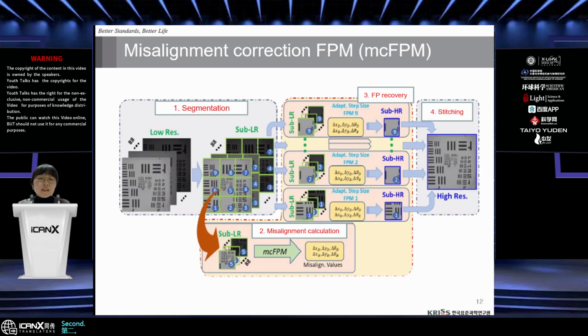Second, there is a process to calculate and correct the misalignment of these sub-images. Next, the corrected sub-images go through FP recovery to reconstruct high-resolution sub-images. Finally, these sub-images are stitched together in the spatial domain to ultimately obtain a single high-resolution image.